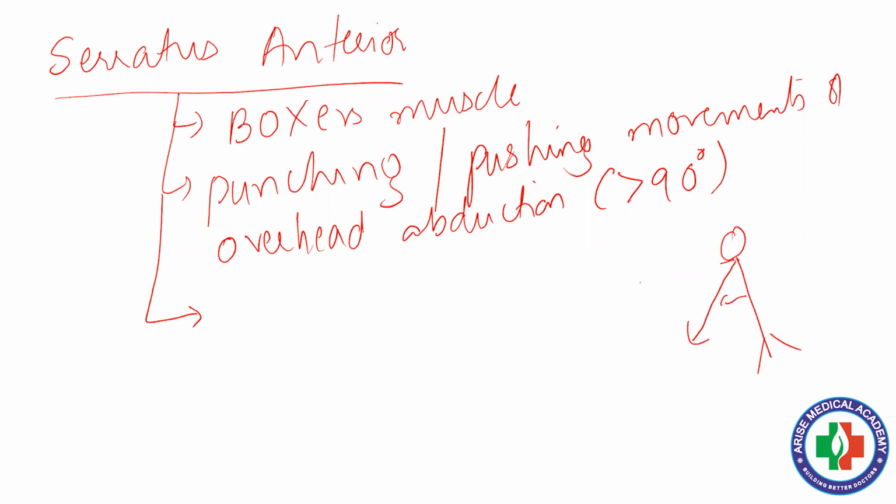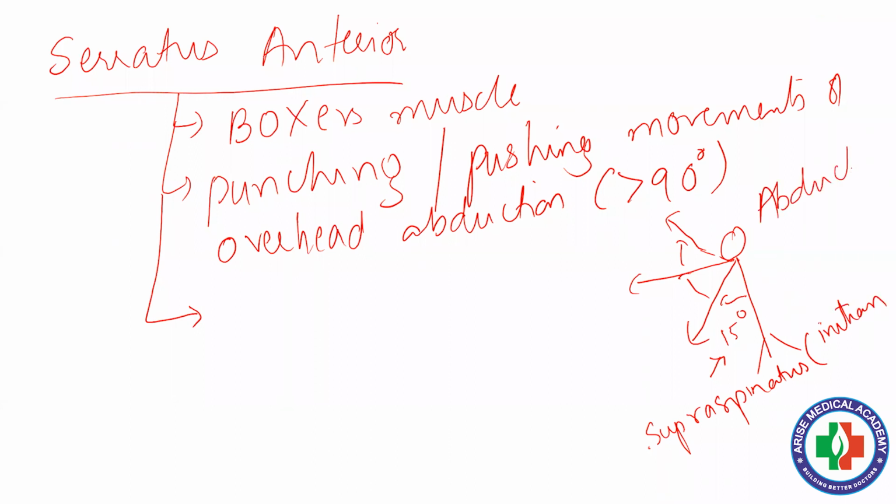The abduction is divided into three parts. The initial 15 degrees of abduction is caused by supraspinatus. The initiation of abduction, the beginning of abduction, is caused by supraspinatus.